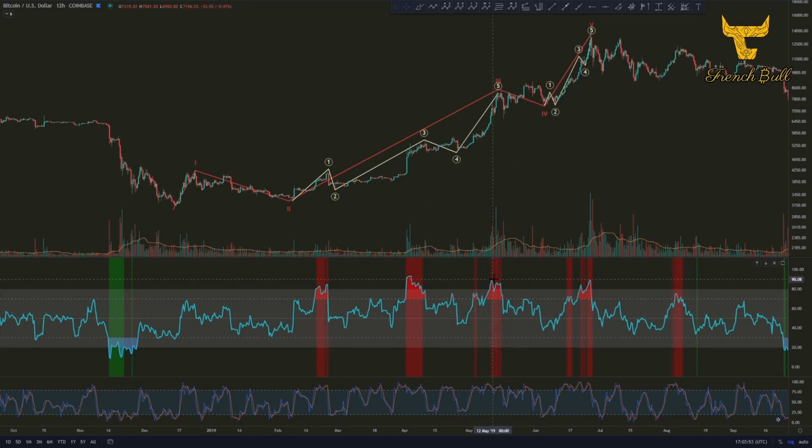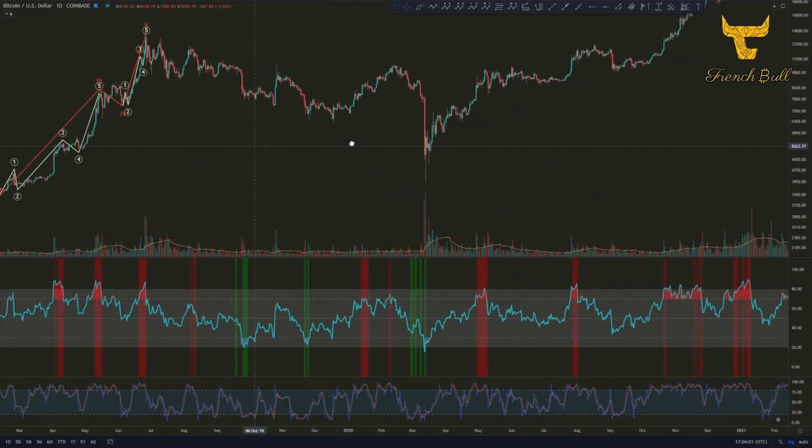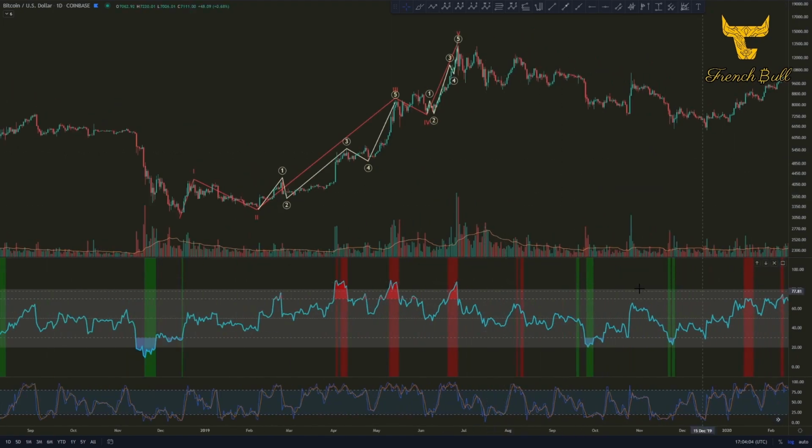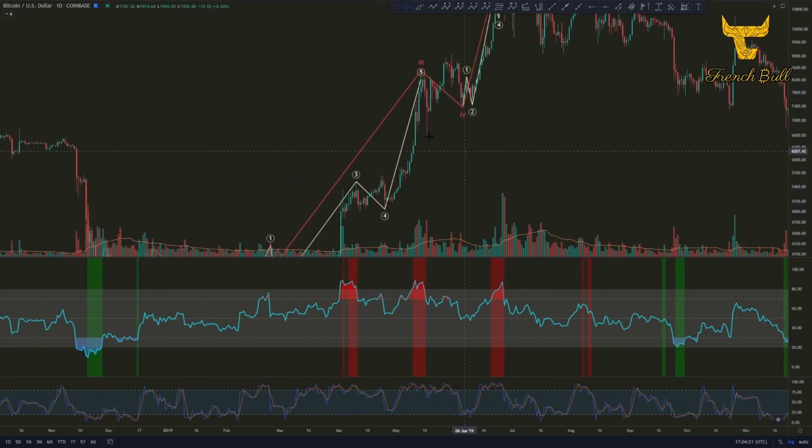But you can see, for example, here we got price divergence. So I'm on a 12-hour chart, can't shift to a 1-day chart maybe. Yeah, so between the top of wave 3 we got a divergence with the top of wave 5, which we also see here between this wave 3 and this wave 5, and even here we got a 1, 2, 3, 4, and 5, and we got a divergence between the 3 and the 5.